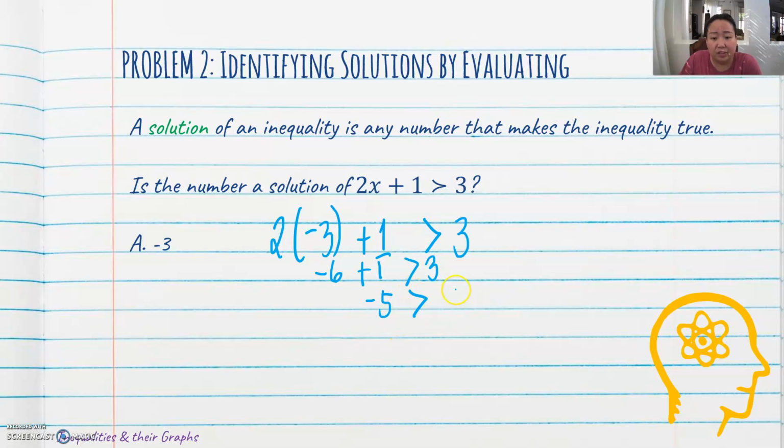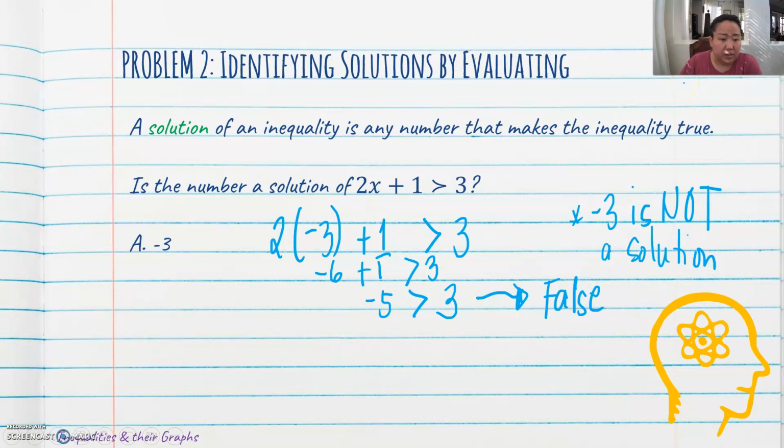And is -5 greater than 3? This is false. So we know that -3 is not a solution. Because it's false, -3 is not a solution.